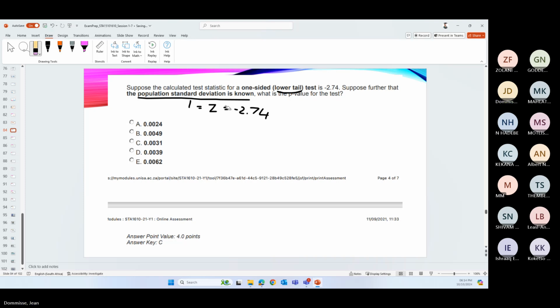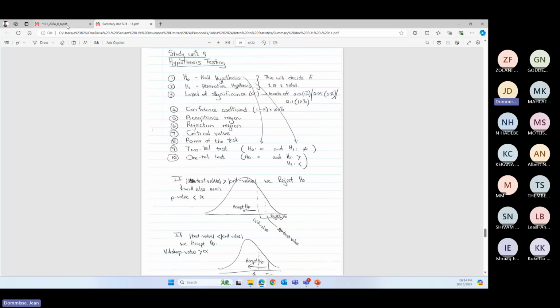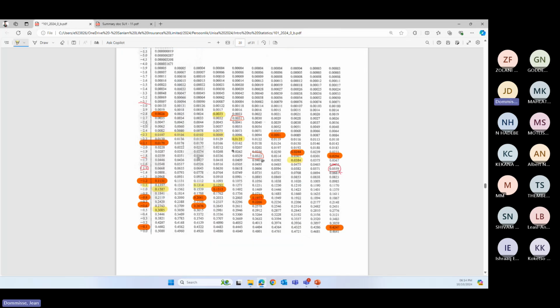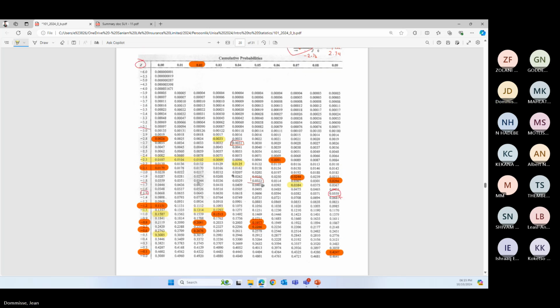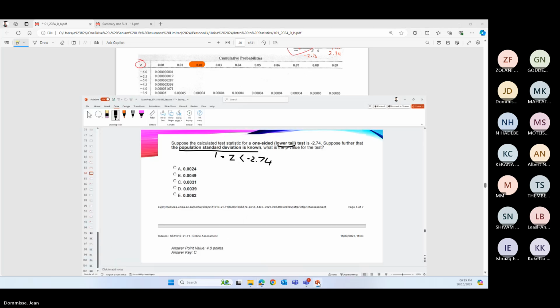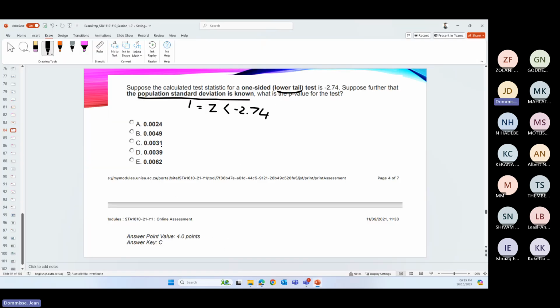So we want to know the probability that z is smaller than minus 2,74. That gives 0,0031. Okay, so there it is, correct.